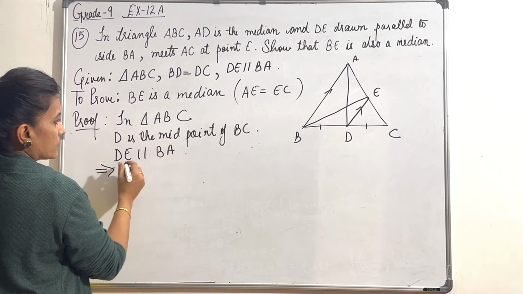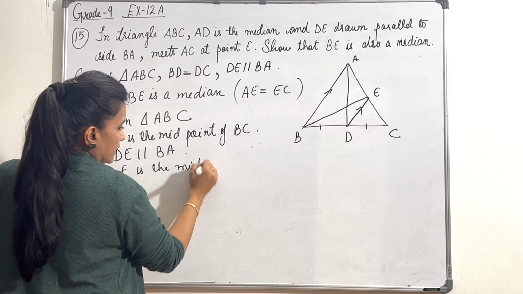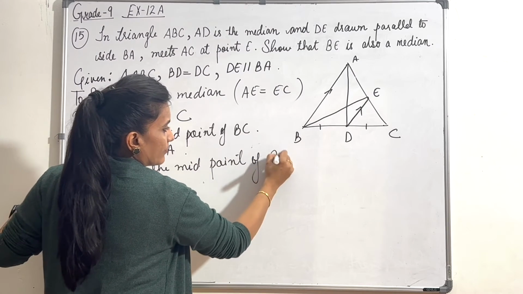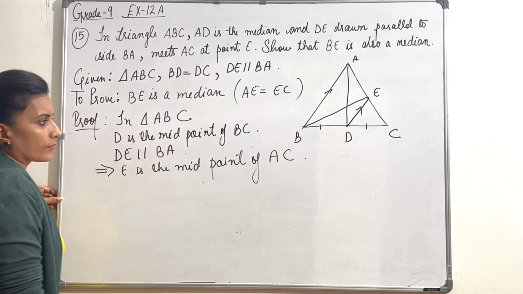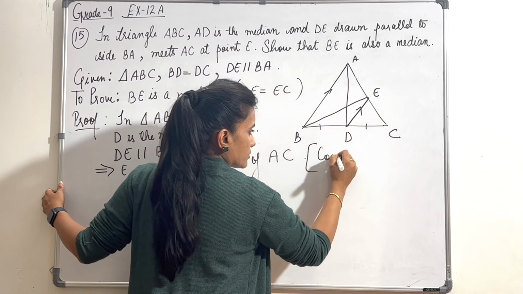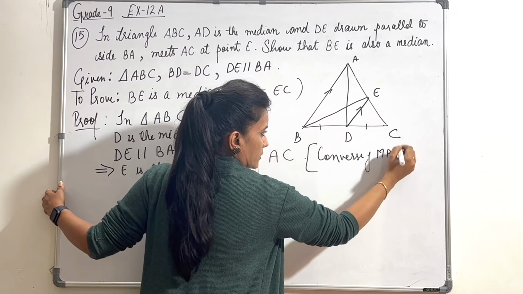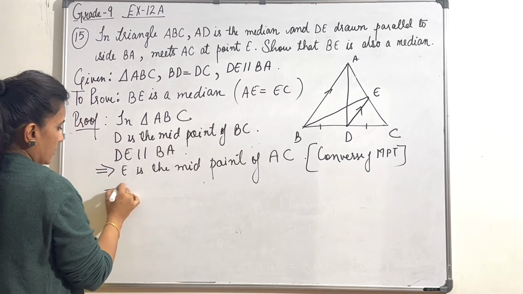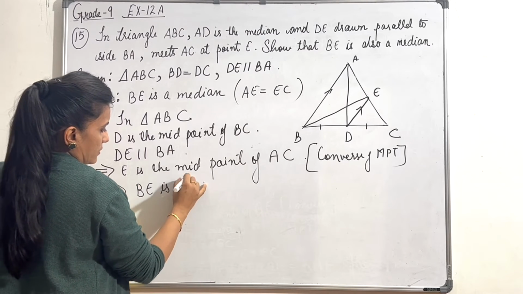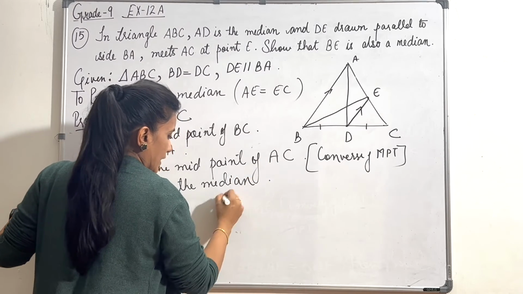This implies E is the midpoint of AC, from the converse of the midpoint theorem. This implies BE is the median. Hence proved.